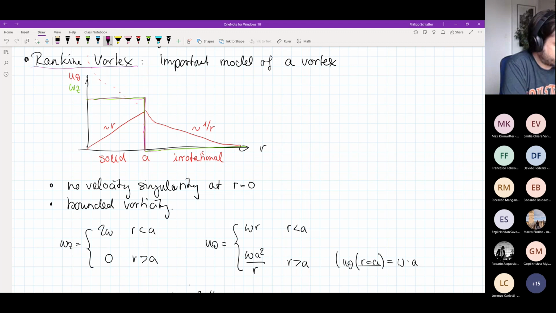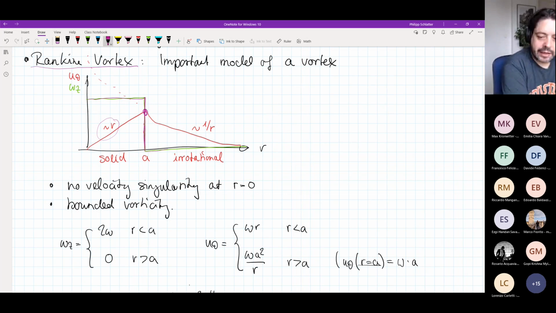And that means at the end of the day that you have a solid body rotation inside, which means that the velocity here in red would increase proportional to the radius first, up to this point at the radius A, from which on the velocity would decrease as a function of 1 over r further out. So you would have this kind of bent decrease.